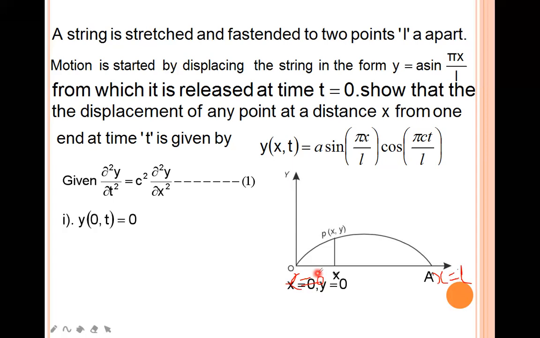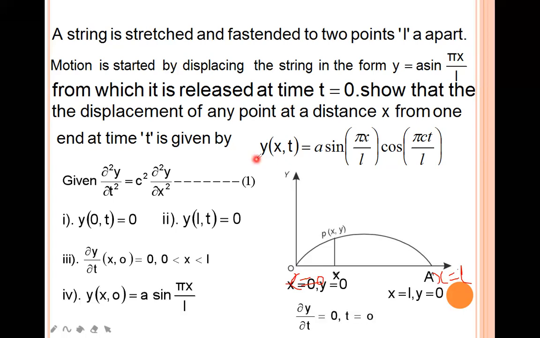These are two conditions, and dou y by dou t equal to 0 at t equal to 0, and given y equal to a sin pi x by L at t equal to 0, that means y of x comma 0 equals a sin pi x by L. Using these four conditions we have to solve the given equation.